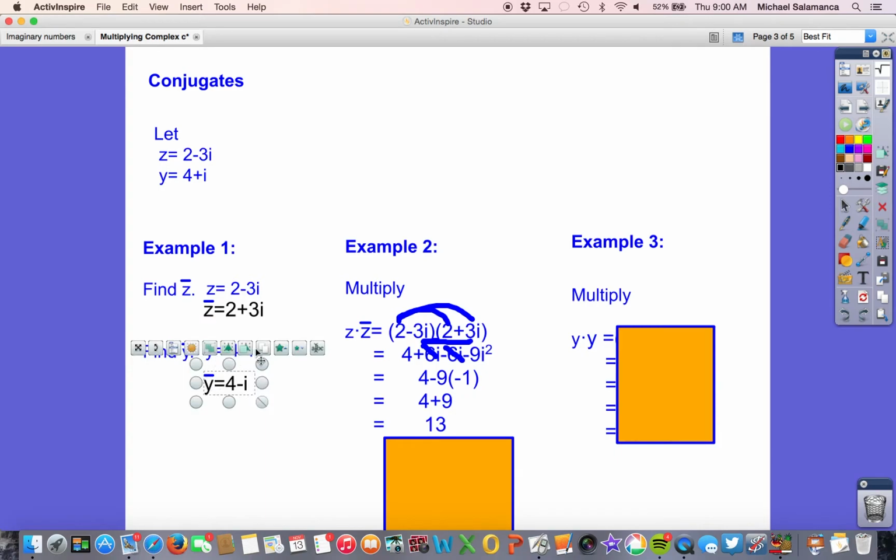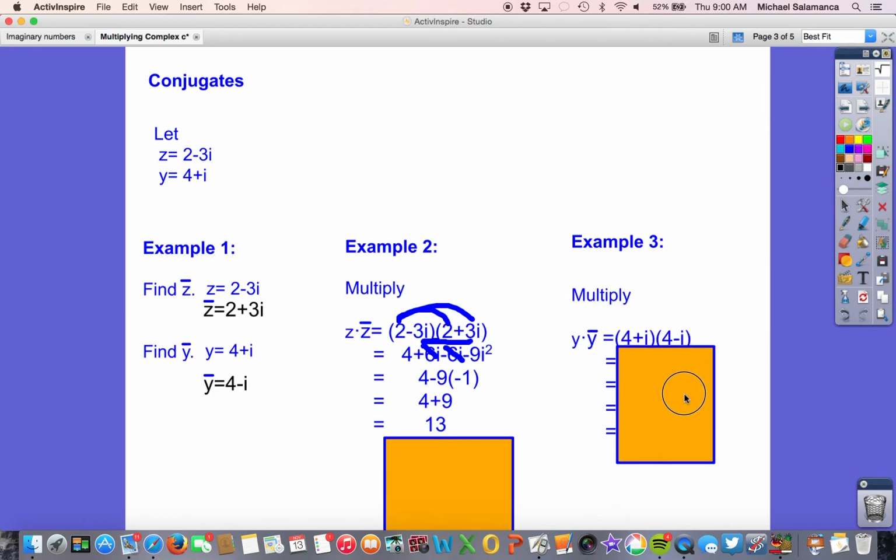So let's look at y and y complement. If we look at y and its complement, we get 4 plus i times the quantity 4 minus i. Again, we FOIL that out, and we get 4 times 4 is 16, 4 times negative i is negative 4i, i times 4 is 4i, and i times negative i is negative i squared.